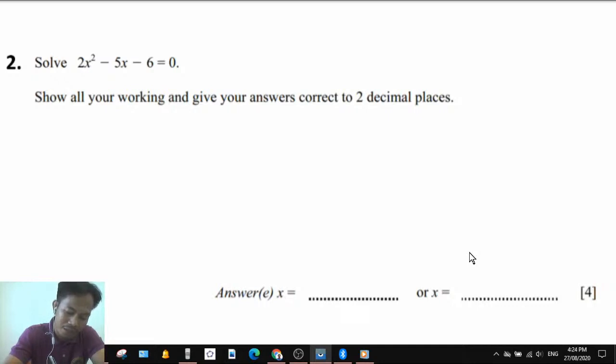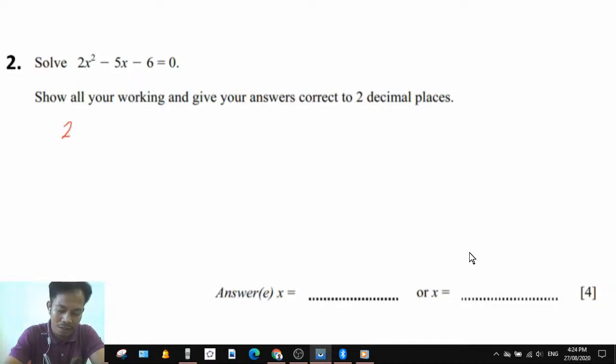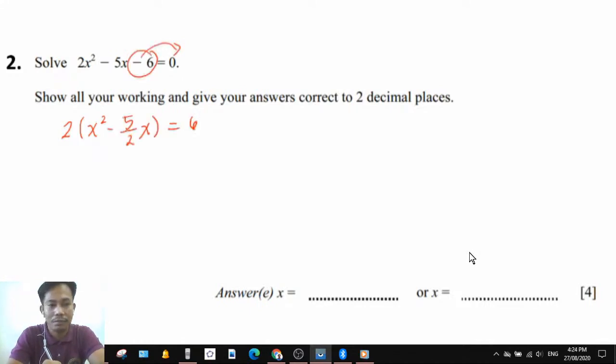Then this 6, I'll move it to the right side, or add both sides by 6. It will become positive 6. This will now give me an idea that I can complete x squared minus 5 over 2 x.